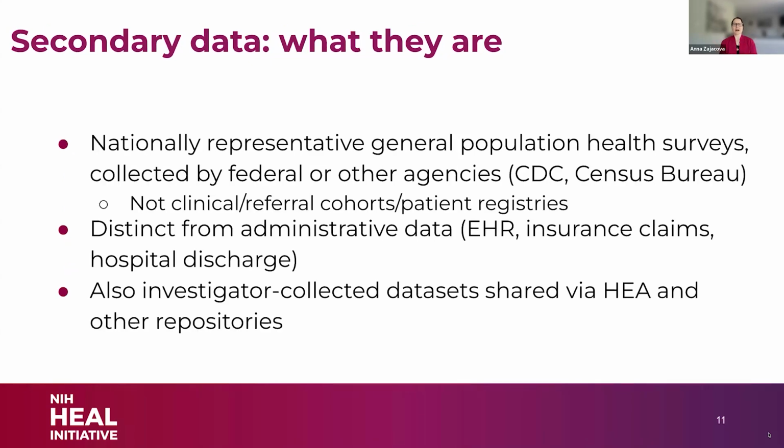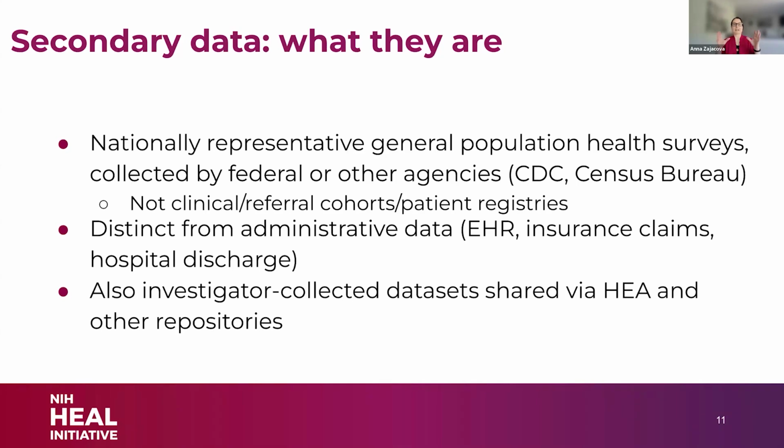So what are we talking about with secondary data? I will primarily focus on nationally representative general population surveys. So these are surveys that are collected for tens of millions or sometimes hundreds of millions of dollars, typically by federal agencies, just because they're the only ones with that kind of money, such as the Center for Disease Control, or the Census Bureau actually does some of those data collections for the National Center for Health Statistics.